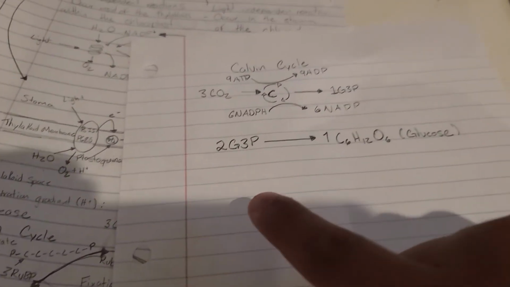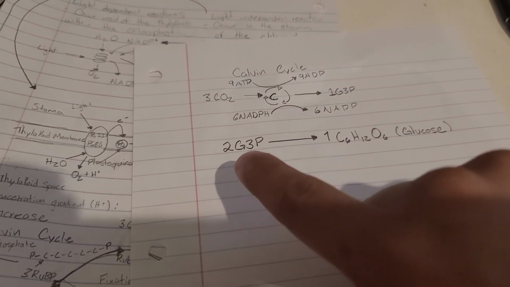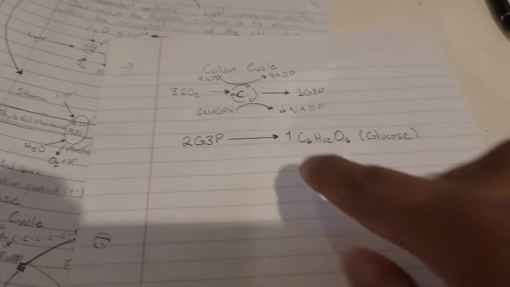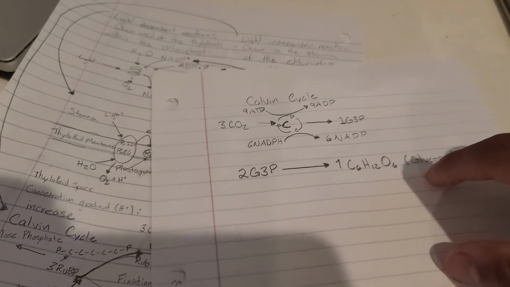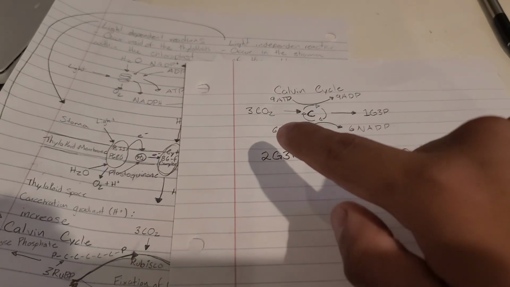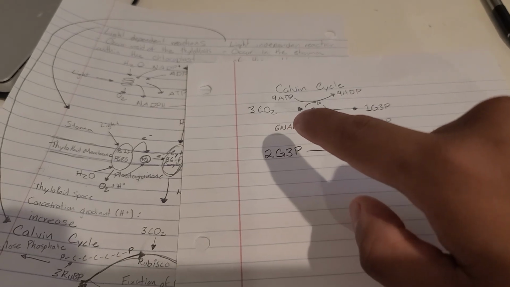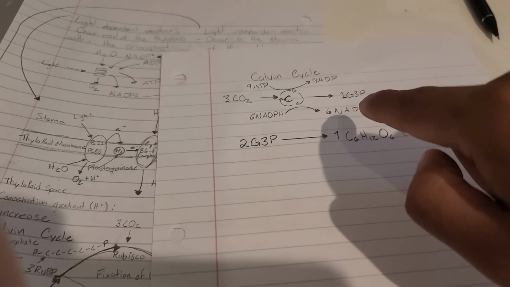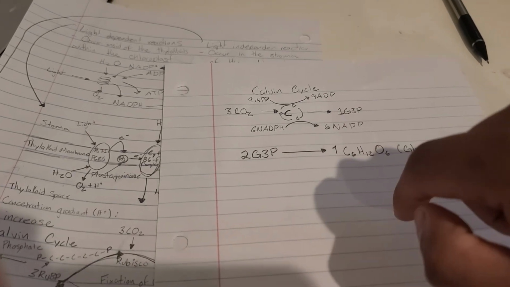The G3P will come together with another G3P to create 1 glucose molecule. So for every three carbon dioxide molecules, you get 1 G3P, and for every 2 G3Ps, you get 1 glucose.